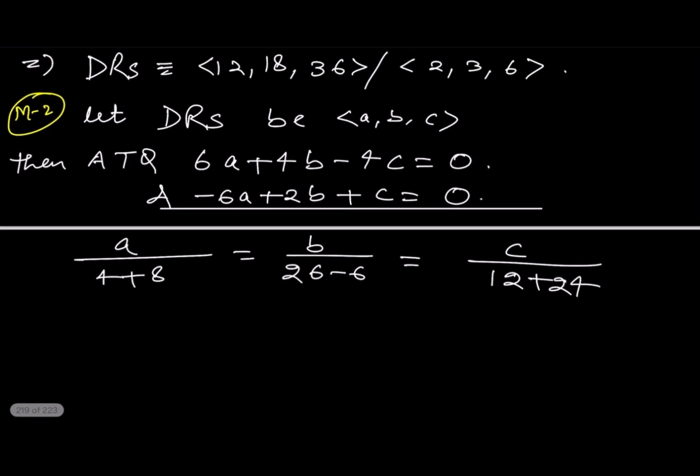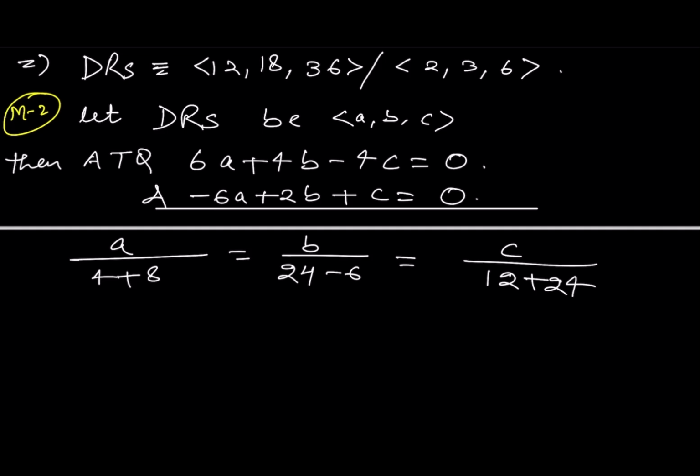So a upon 4 into 1 minus of minus 4 into 2, right, is equal to b upon minus 4 into minus 6 minus 6 into 1, is equal to c upon 6 into 2 minus of minus 6 into 4.